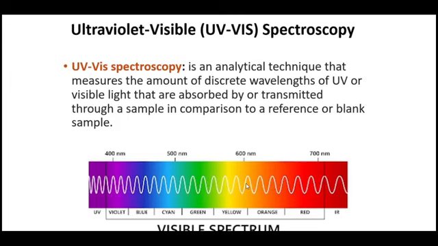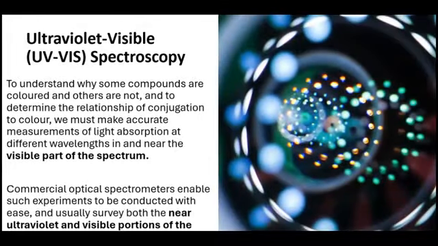The range is from UV to near infrared. In this region, the human eye can see color from around 380 to around 750.